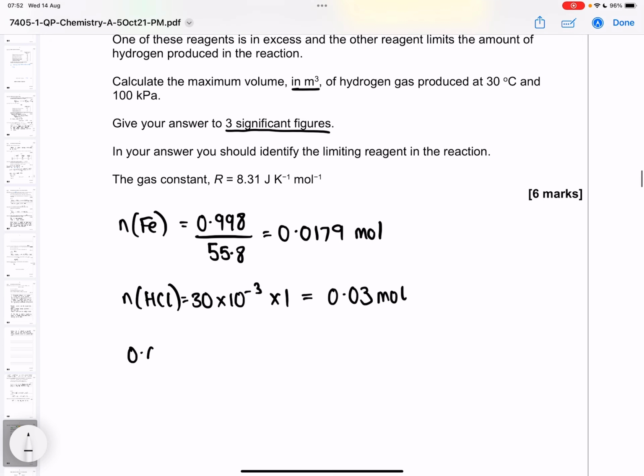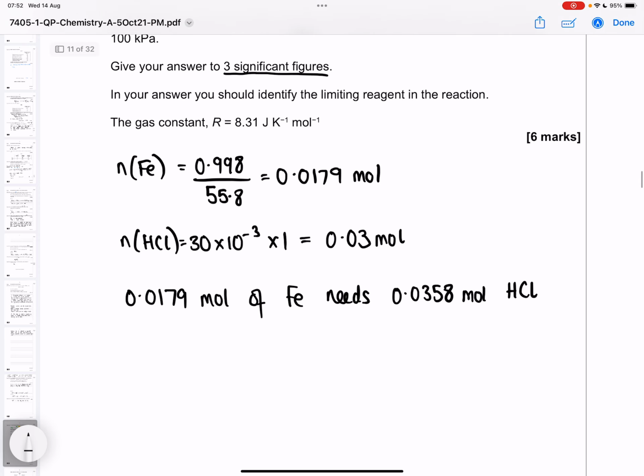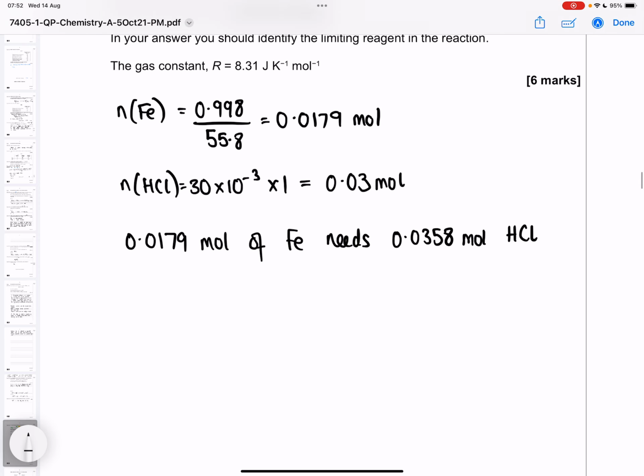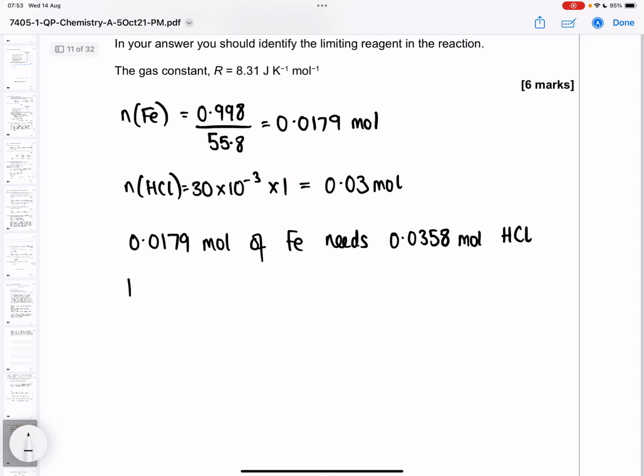So 0.0179 moles of Fe, you would need to, on your calculator, double it. 0.0358, because the ratio is 1 to 2, you would need to double it. So it needs 0.0358 moles of HCl, and you don't have 0.0358 moles of HCl. So HCl is the limiting reagent.